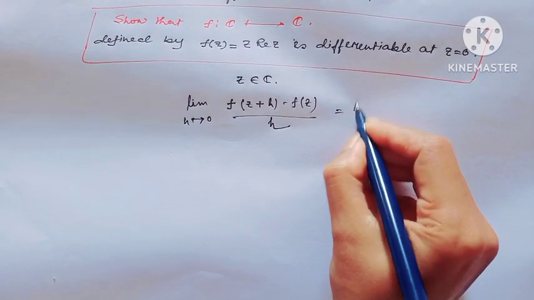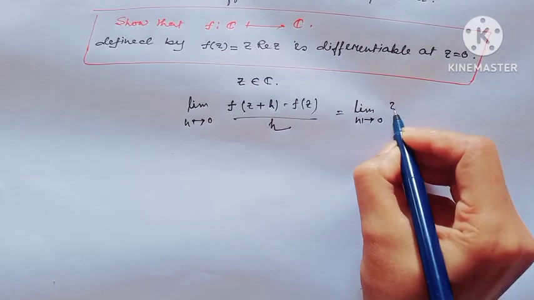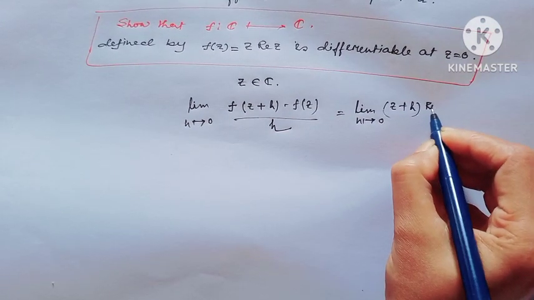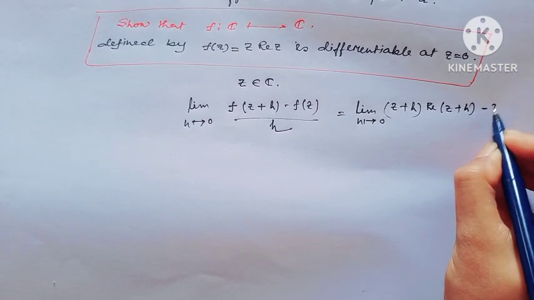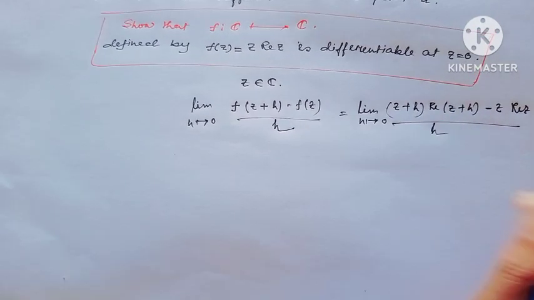And this would be the limit as h tends to 0 of ((z + h) Re(z + h) - z Re(z)) over h.